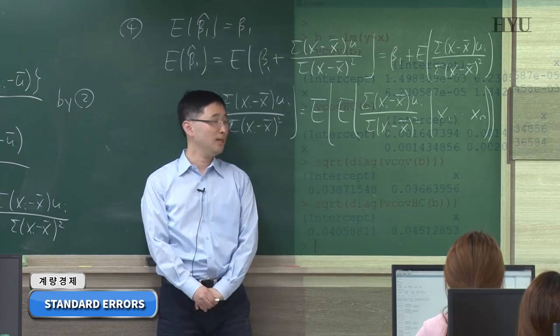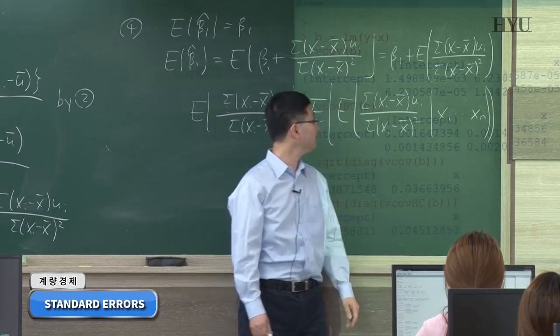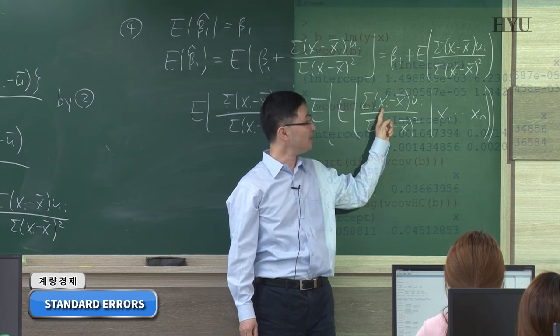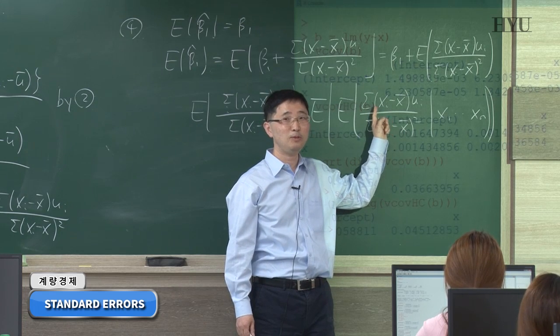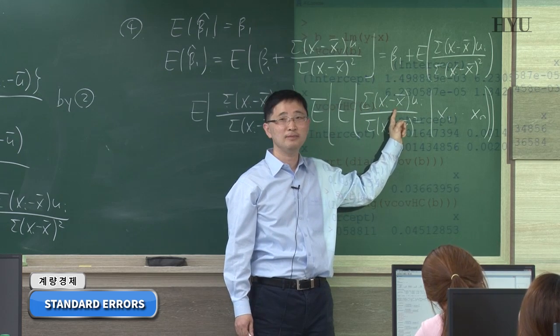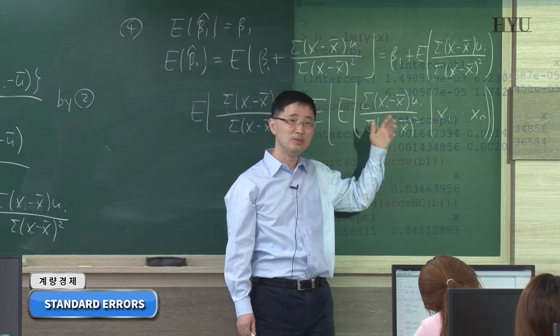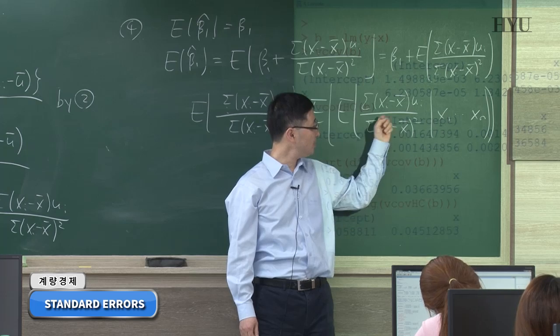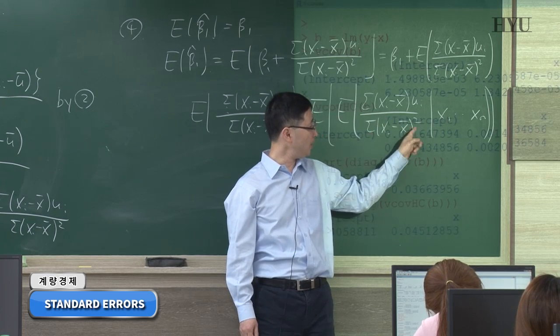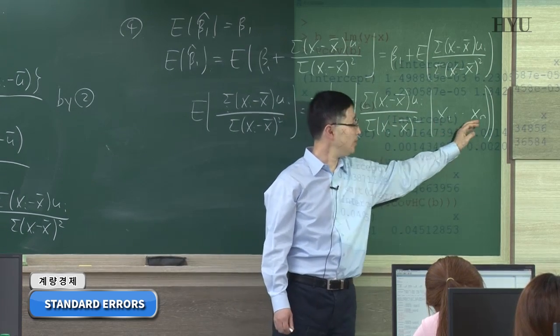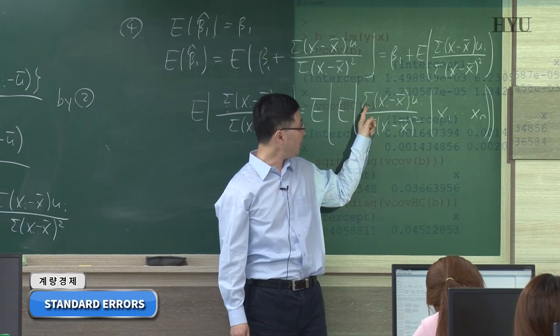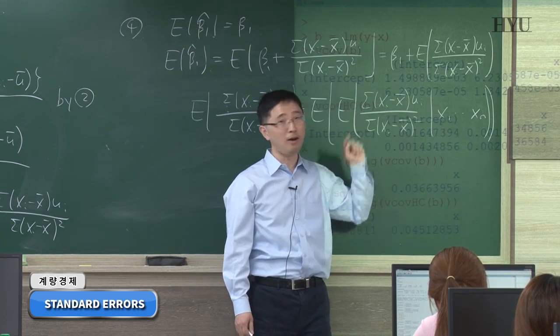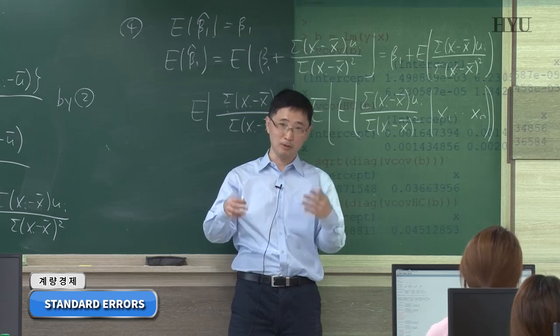Now, if you know every x, this xi is a constant, right? There's no randomness. How about x bar? It's just the average of all those xi's, a constant. So everything in the denominator is a constant, conditioned on this. And everything in the numerator except ui is a constant, so you can just pull them out, right?